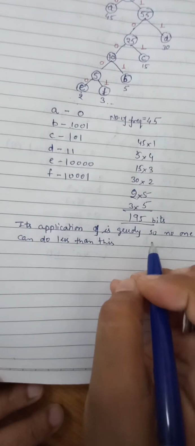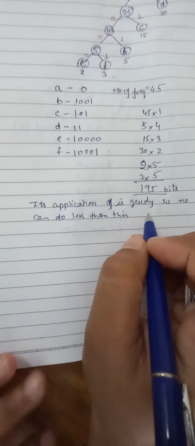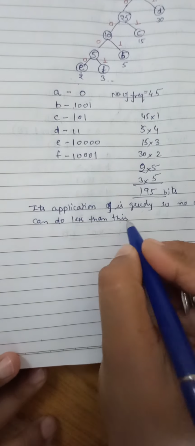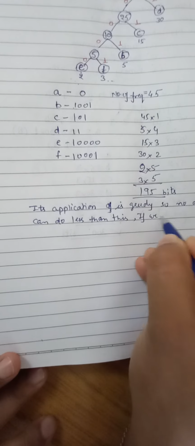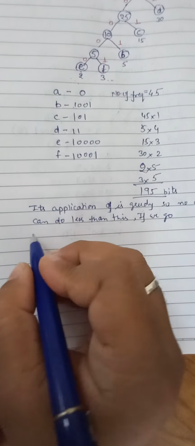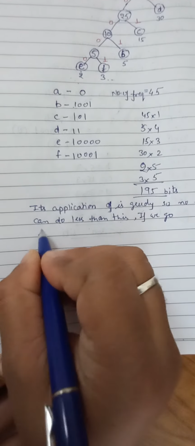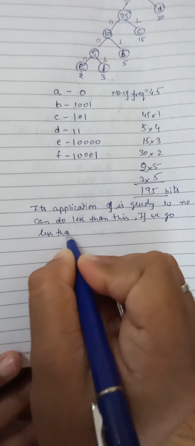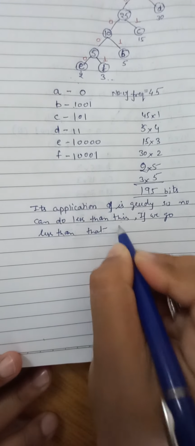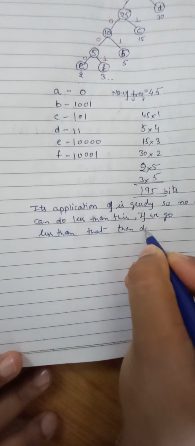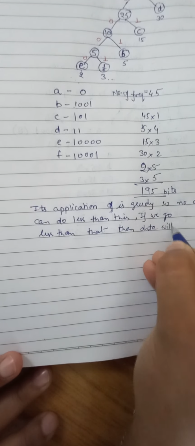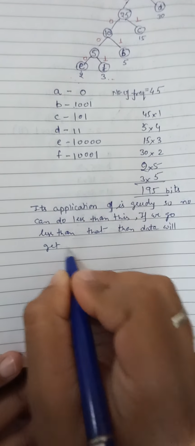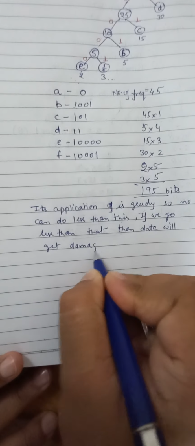I mean, we cannot reduce below these bits. If we go less than that, then what will happen? The data will get damaged.